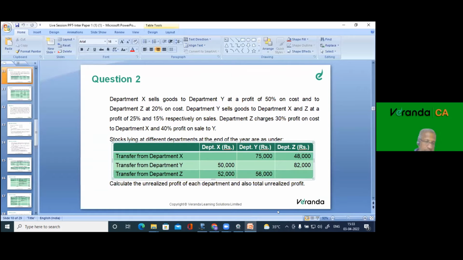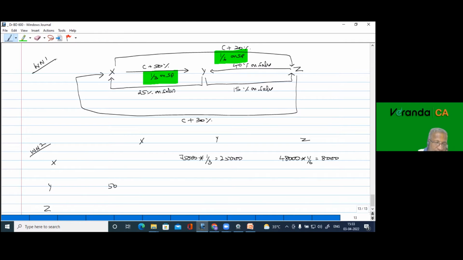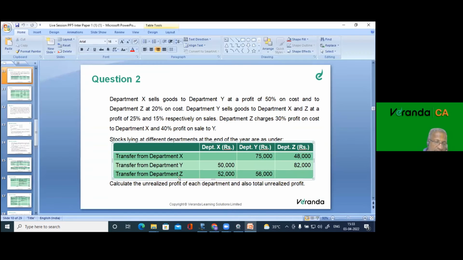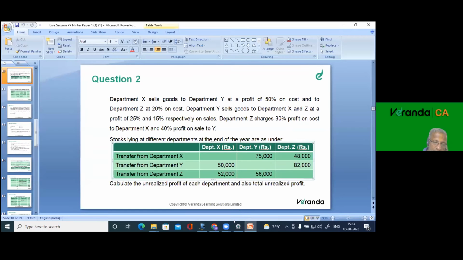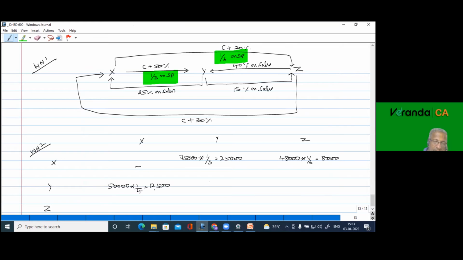Then what X is having from Y department is 50,000, so 12,500.